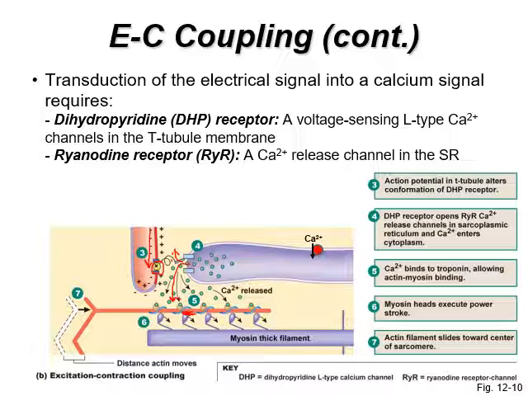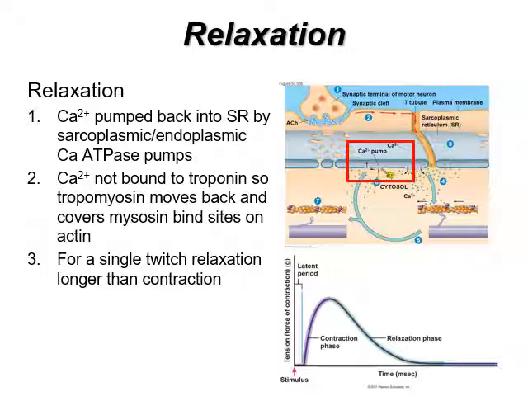What do you think we would need to do to get relaxation? The muscle contracts, now we've got to relax it. What was the cue to contraction was the calcium signal. So if we're able to remove that calcium signal, that'll give us relaxation. So we've seen the calcium cues the contraction.